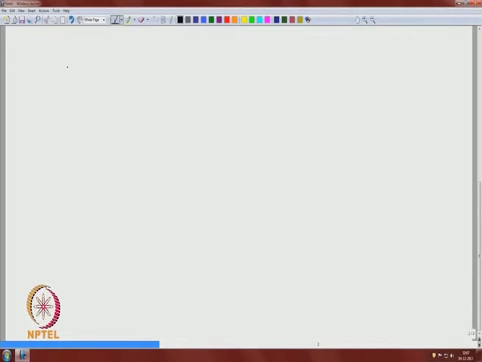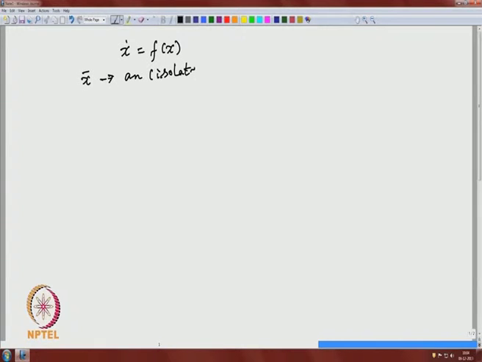Let me just recall what we are doing. This was our autonomous system, and x bar is isolated. That is a standing assumption.